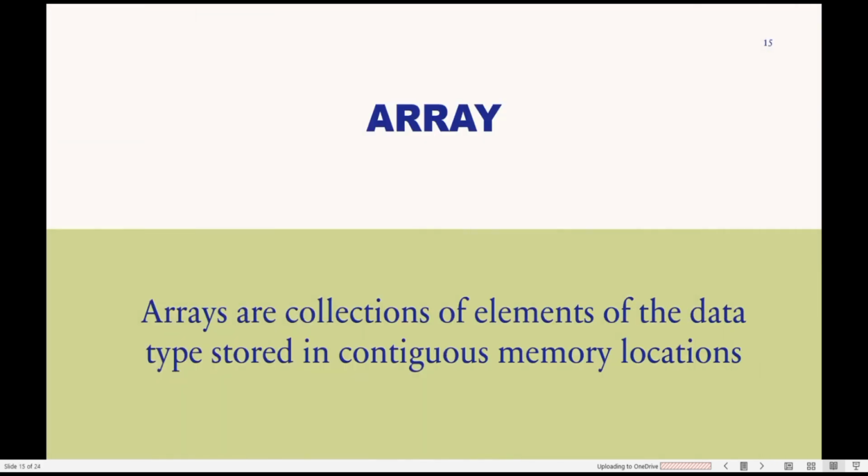Arrays are collections of elements of the same data type stored in contiguous memory locations. They allow you to work with groups of data efficiently and are often used for tasks like storing lists of items or numeric values.